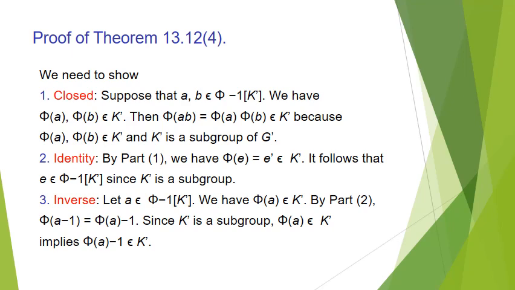Let a be an element of P inverse of K prime. We have P(a) is an element of K prime. By part 2, P(a⁻¹) is equal to P(a) inverse. Since K prime is a subgroup, P(a) is an element of K prime, which implies P(a) inverse is an element of K prime.